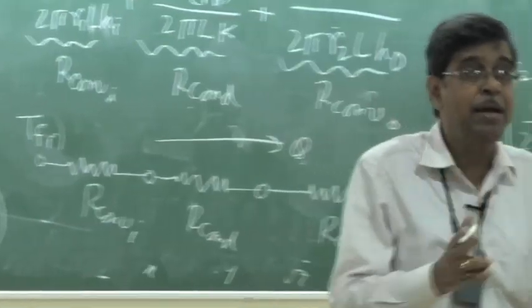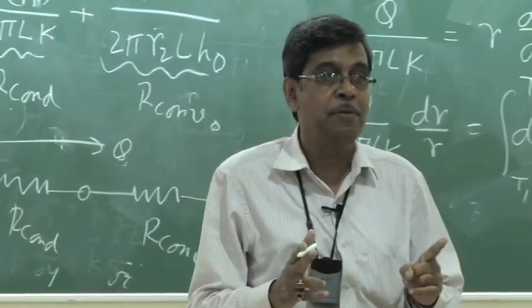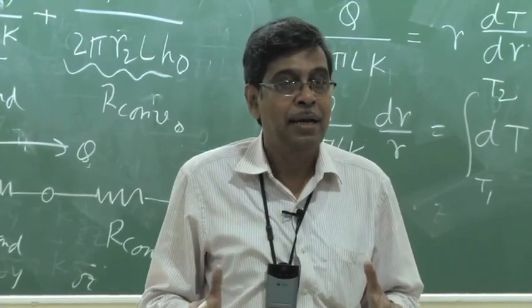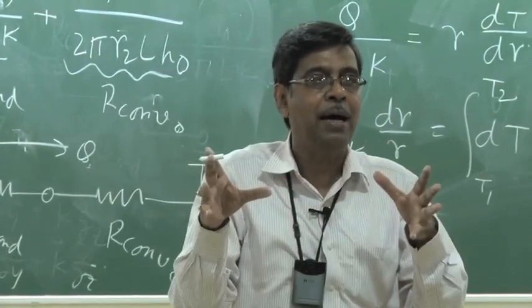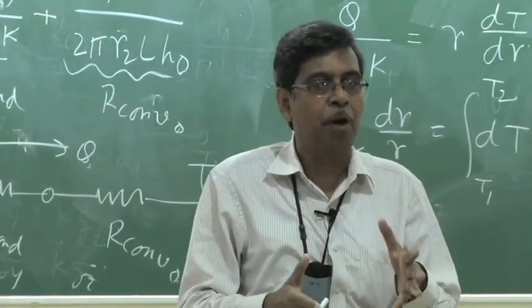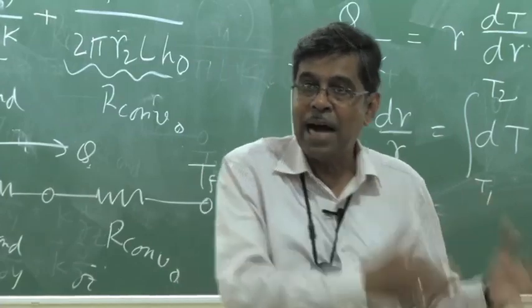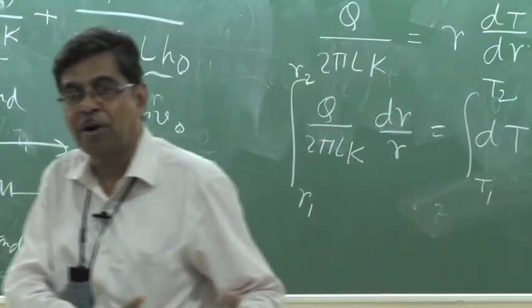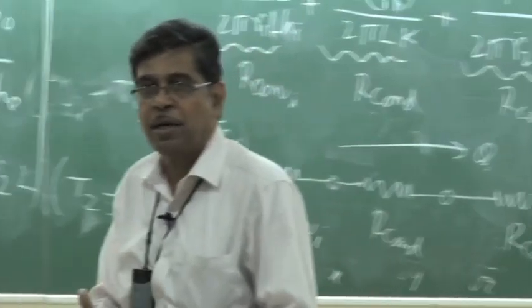But one very important thing which sometimes many books forget to tell, that for a variable area, plane area problem, if you start from the general heat conduction equation, you will be lost.